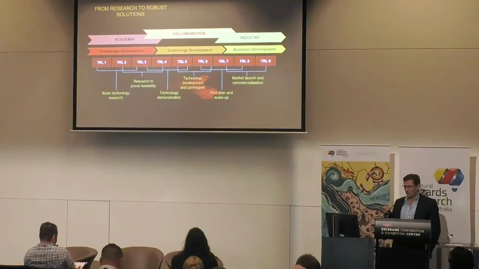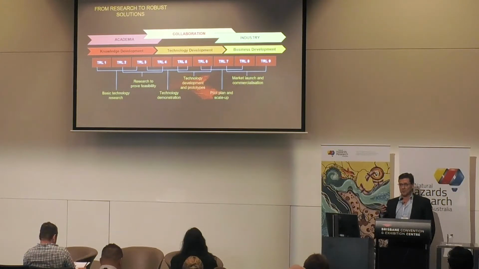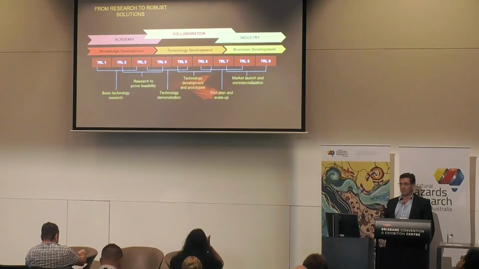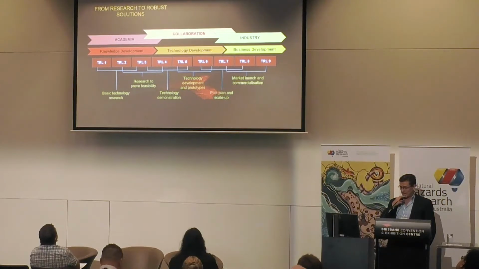So typically when we think about research to solution, it is along the TRL line of 1 to 9. Now, this was developed by NASA back in the 70s. They were putting things on rocket ships and had no way of gauging how ready they were to actually be used on those space vehicles. I break this down into 3 sections. 1, 2 to 3 is academia, basic research to advanced research to prove feasibility.